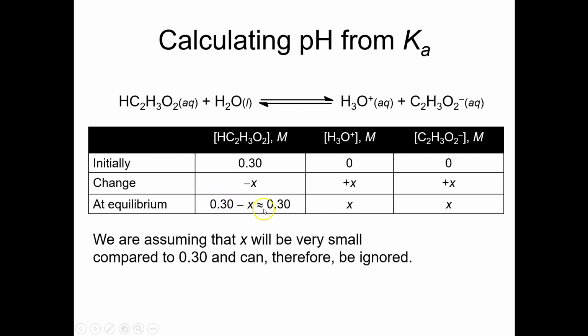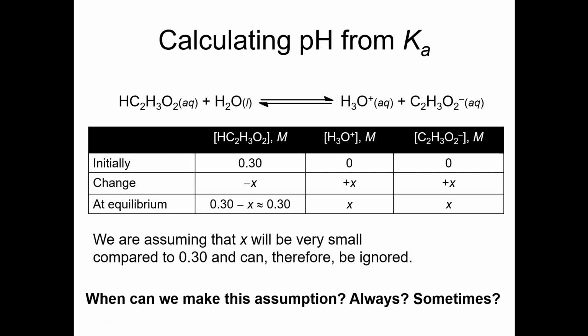You'll remember we got to this point where we decided that 0.3 minus x was essentially equal to 0.3, and that we were going to avoid a quadratic equation by simply ignoring this minus x, because this is fairly close to 0.3, we can just pretend that it is 0.3. That's very convenient because it allows us to avoid a quadratic equation. The question that has come up from more than one quarter about this is, when are we able to make this assumption? Can we always make this assumption when we're doing a problem like this?